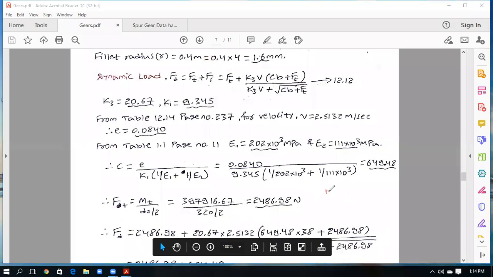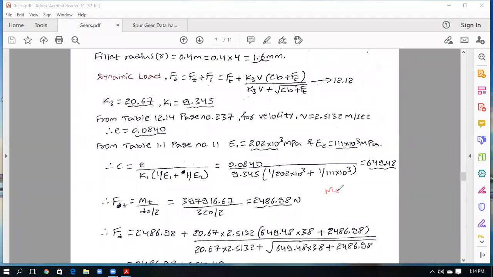Torque is denoted as T, capital T or MT, equal to force multiplied by radius, and this radius is nothing but D by 2. Therefore F is equal to M divided by R, R is nothing but D by 2. That's how I substitute here.